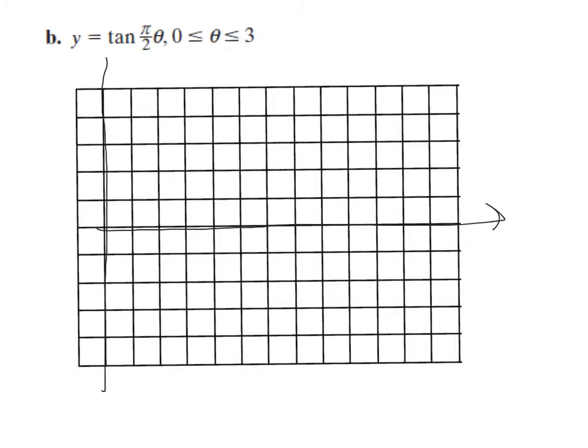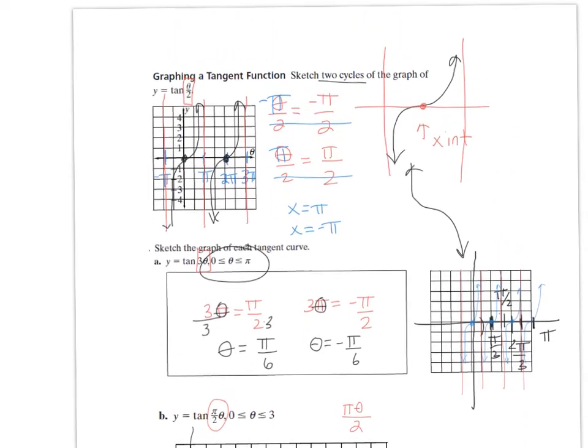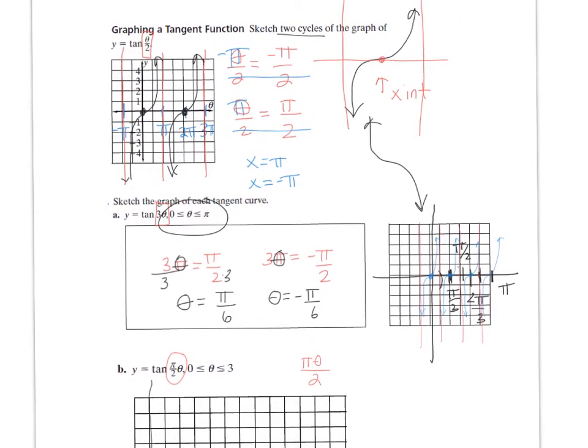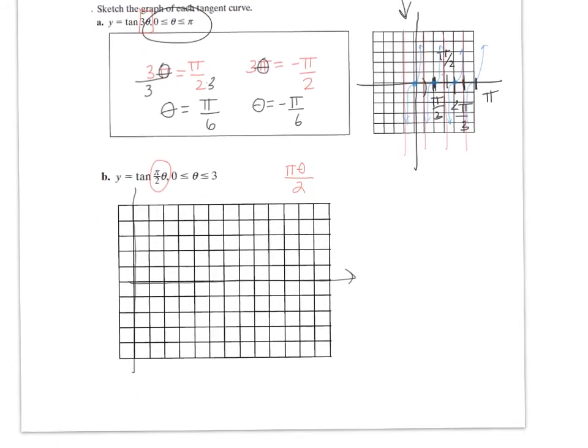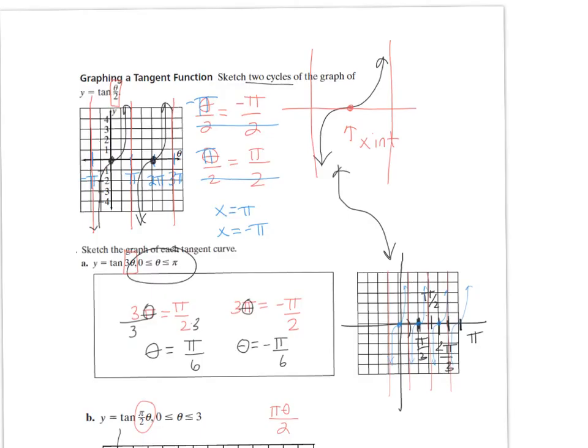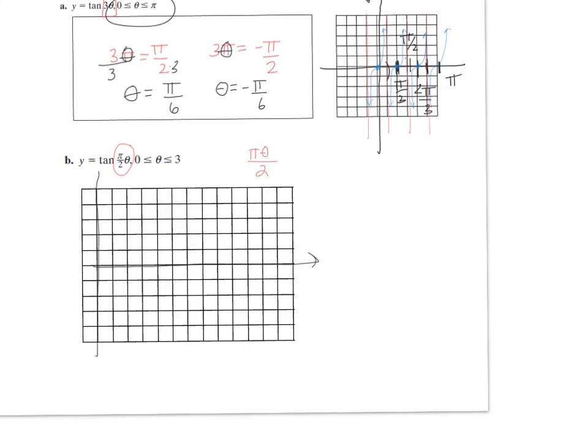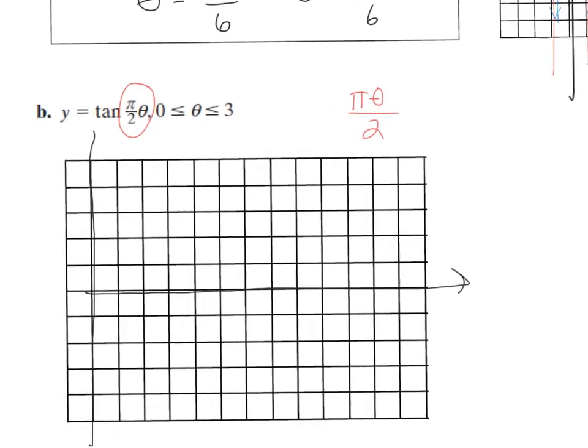Okay, so I set this numerator, or this part, pi theta over 2. Wait, how is this different than the one up here? Okay, this one up at the top was just theta over 2, and this one is pi divided by 2 times theta.